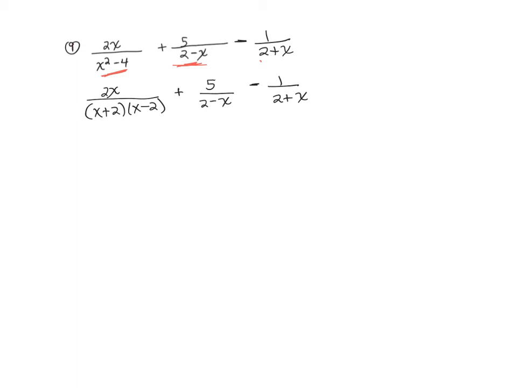Now, to make the denominators look more alike, we're going to take this fraction and multiply it by negative 1 over negative 1. So we'll just worry about the x minus 2. So it'll become an x minus 2. We'll multiply this by a negative 1 over negative 1, and we'll put this in parentheses: 5 over 2 minus x. And I'll rewrite the rest.